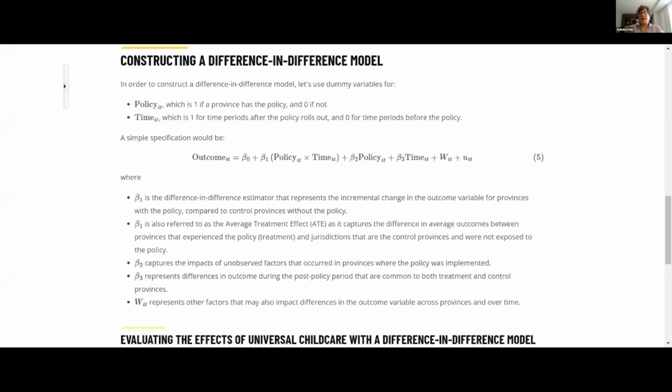So as long as these policies were implemented somewhat independently, and this is key, independently across jurisdictions, then in terms of terminology, we say that we have a natural experiment.